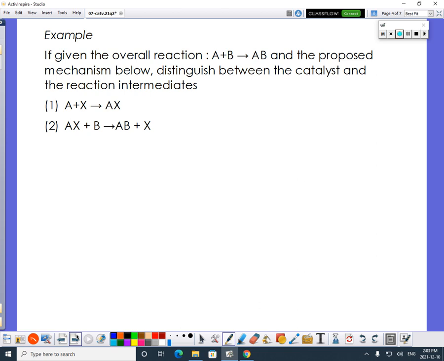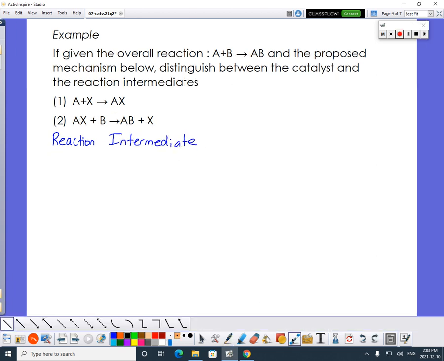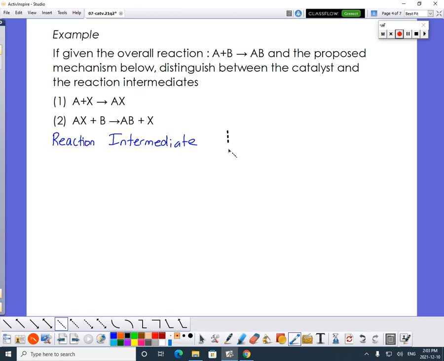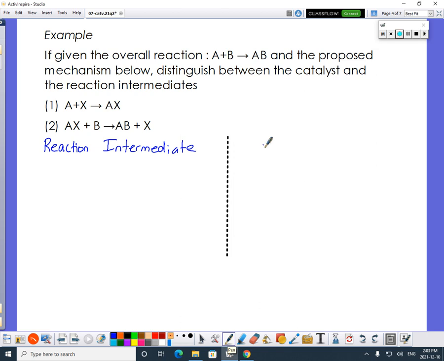Okay. Leave a little space at the bottom. So reaction intermediate versus catalyst.